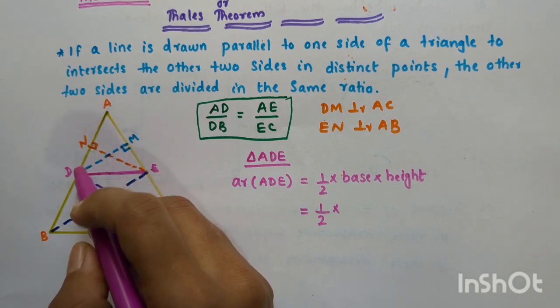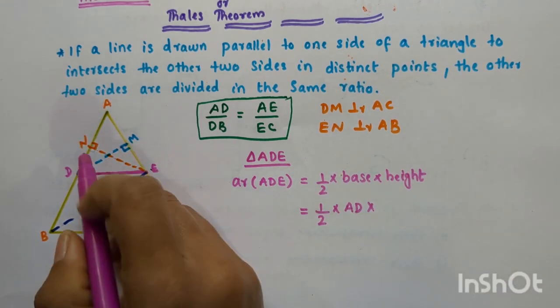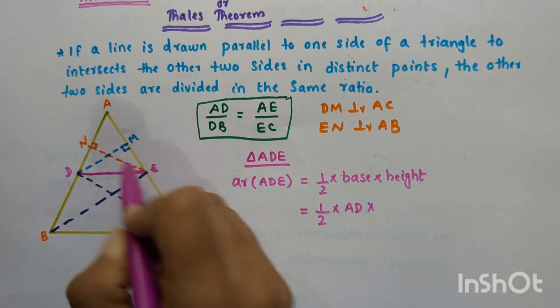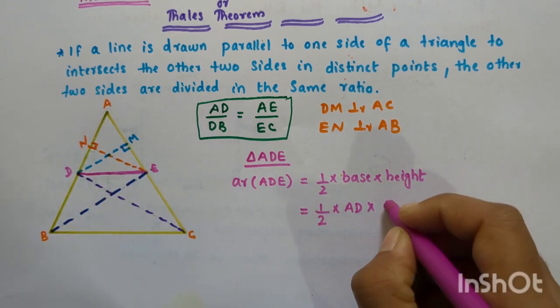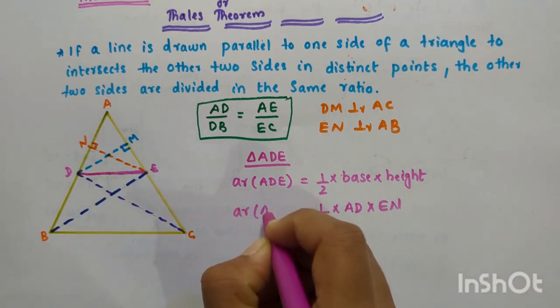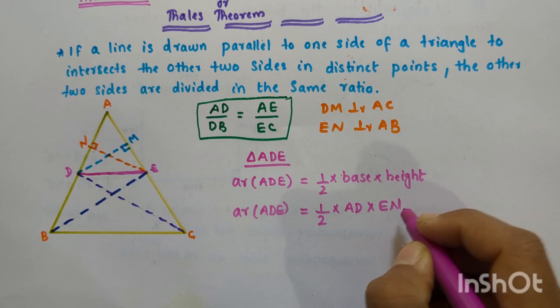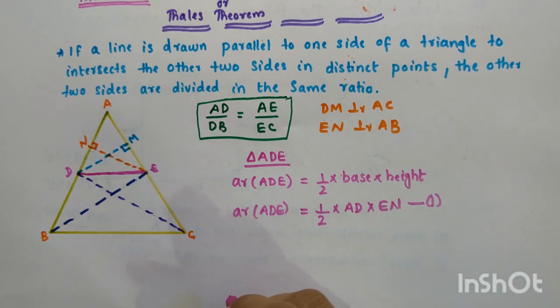I am taking AD as the base, into the height of the triangle, that is EN. So area of ADE is equal to half into AD into EN. I am taking this as equation number 1.